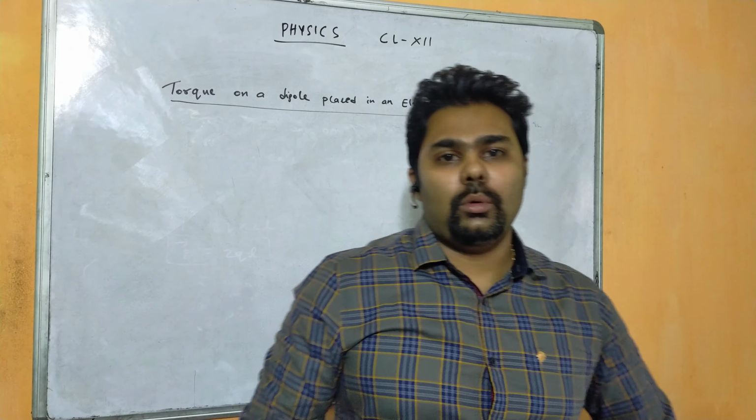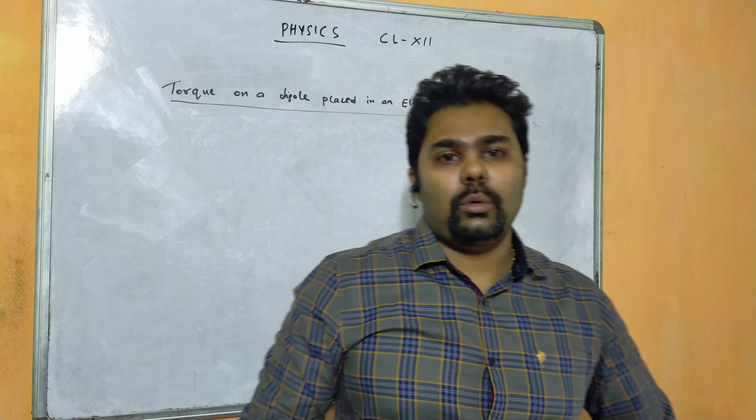This is the linear charge density, that is charge per unit length, q by 2 pi a. 2 pi a, that is 2 pi r, we know that is the circumference, and the radius is a.